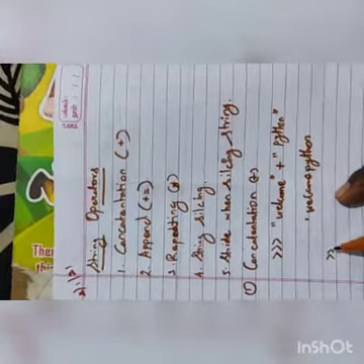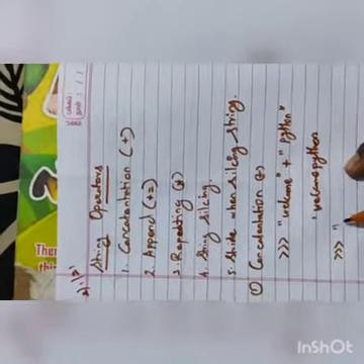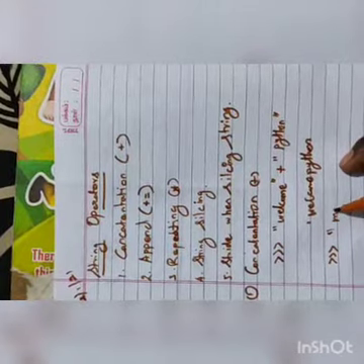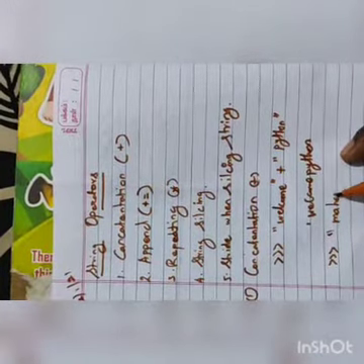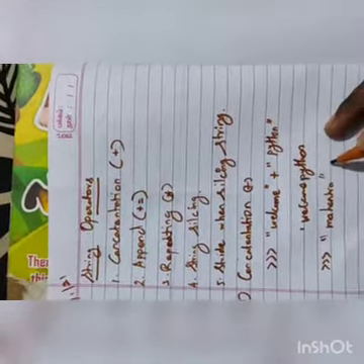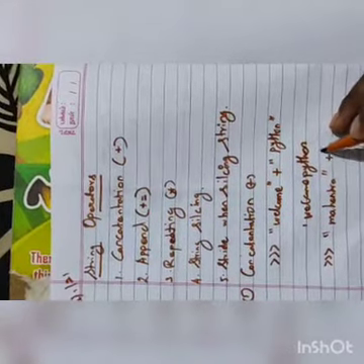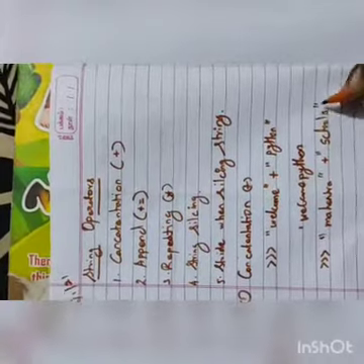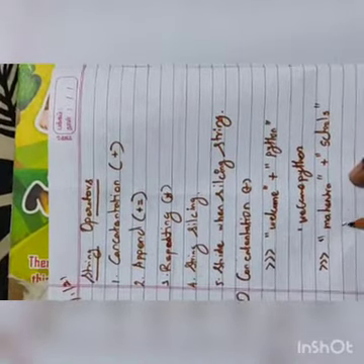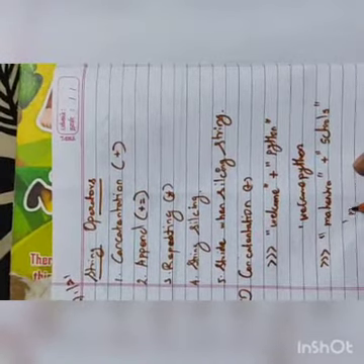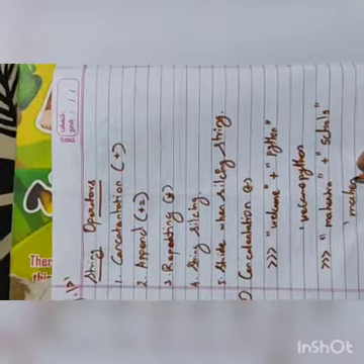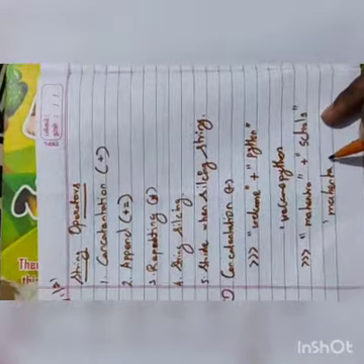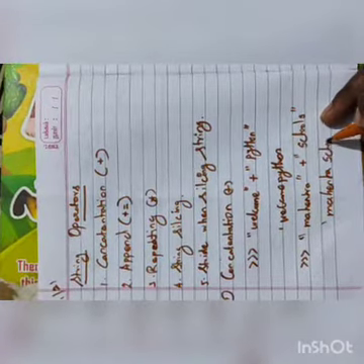Otherwise, see here, I will teach one more example. For example, double quotation, Magendra, double quotation finish, plus, double quotation, schools, double quotation finish. Now press the enter key and run the code. The output comes in single quotation: Magendra schools.